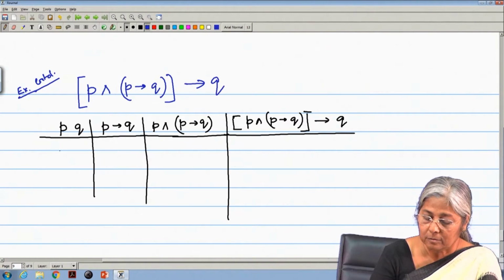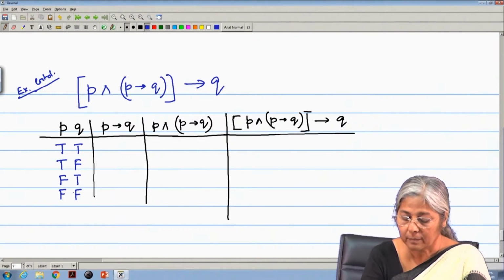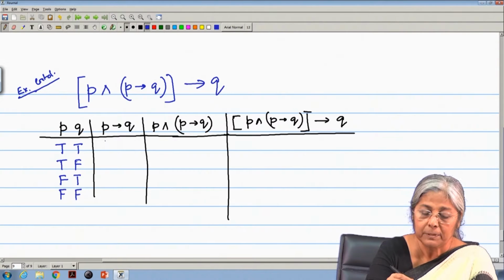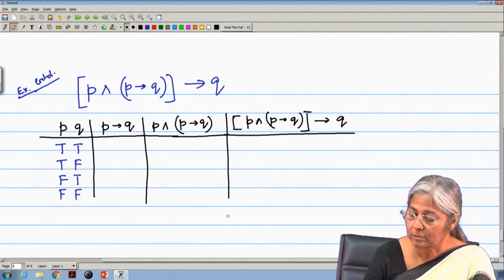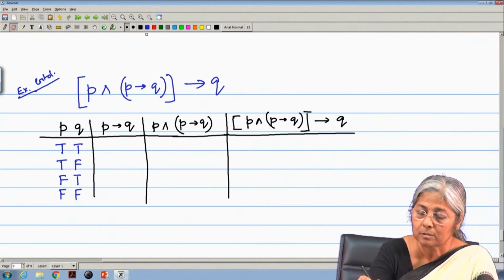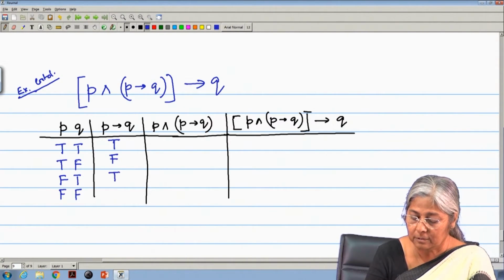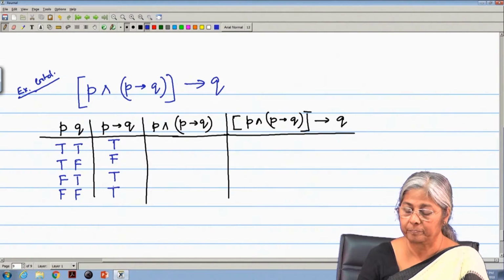We take the truth values of p and q: TT, TF, FT and FF. Then p implies q is T for TT; other than this only one is false, the rest are all true.